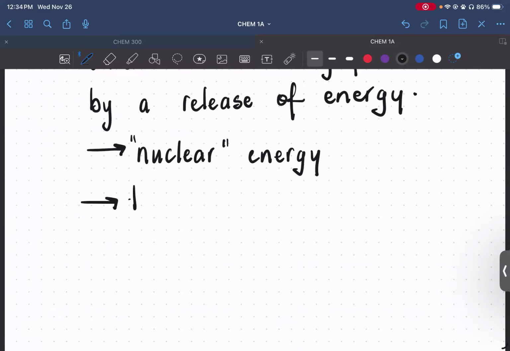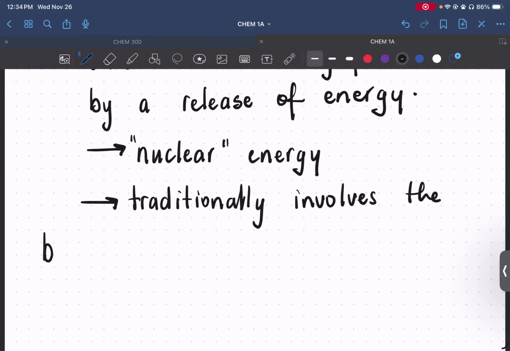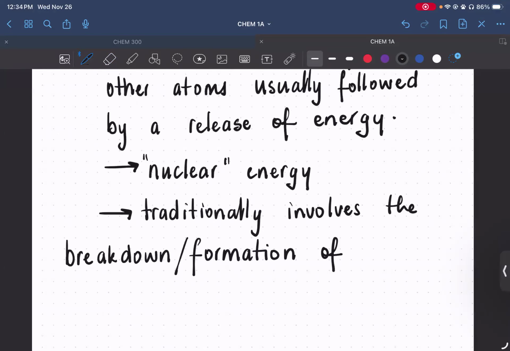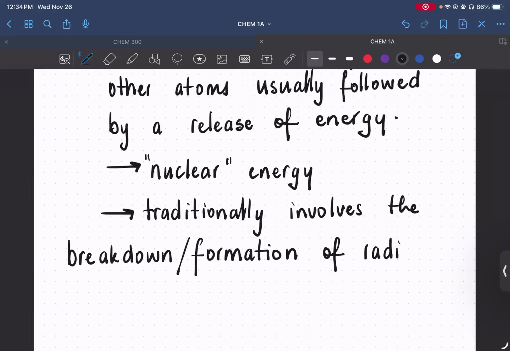Well, traditionally, it involves the breakdown or formation of radioactive atoms or their isotopes.